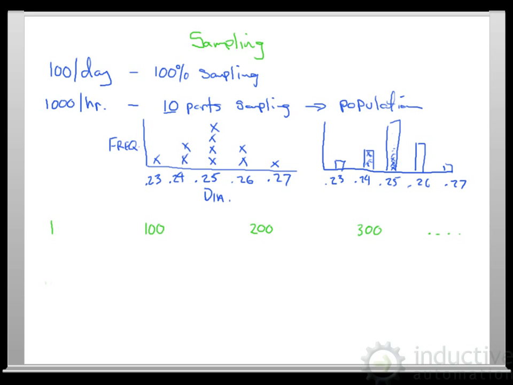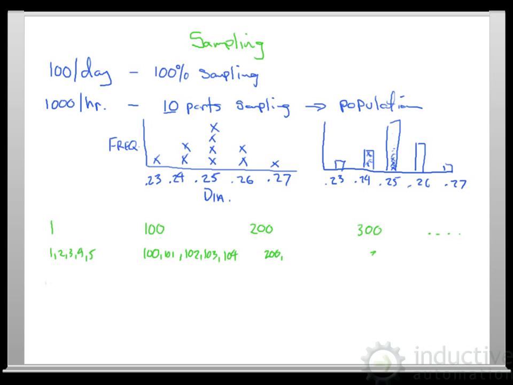Another way is that we want to take 5 samples each time. So parts 1, 2, 3, 4, and 5, then parts 100, 101, 102, 103, 104, and so on.